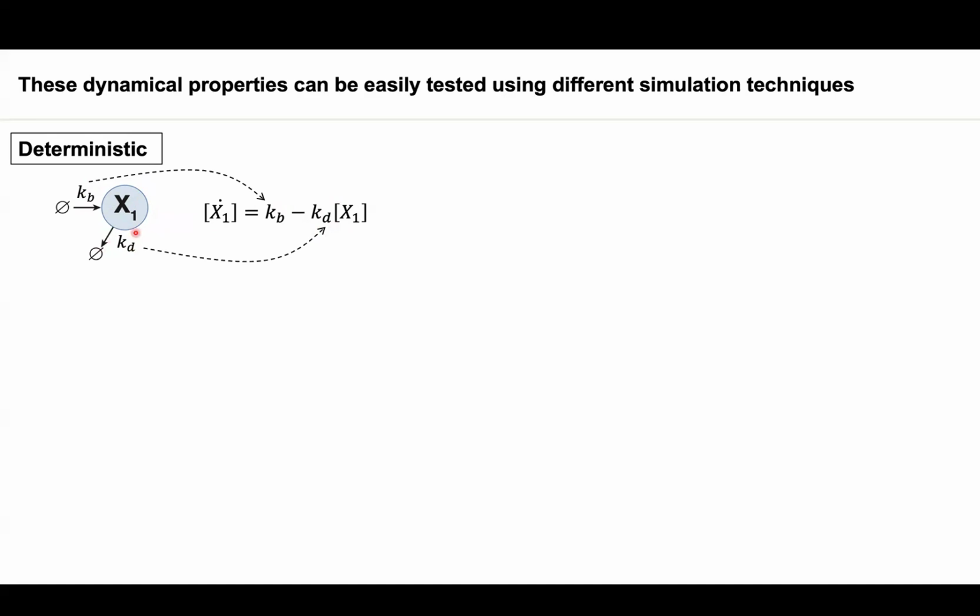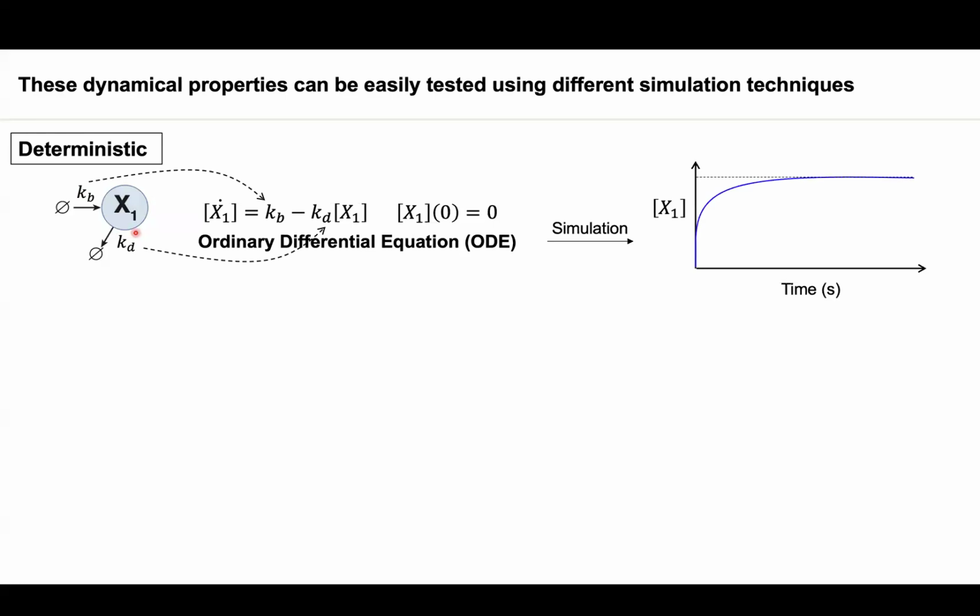If we know the initial concentration of X1, then we have a set of ordinary differential equations. If we simulate this ODE, then we can check how the X1 concentration evolves over time.